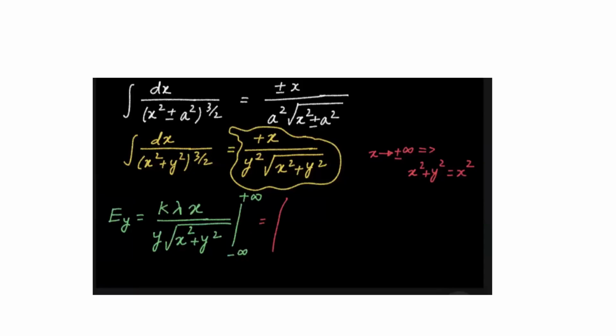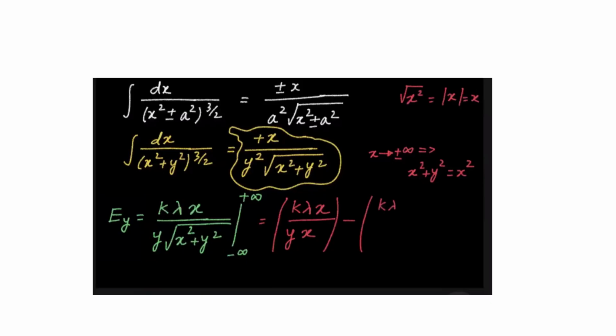Okay, now let's just replace it. So when x goes to plus infinity, I will have k lambda x divided by y, and then root square of x², which would be the absolute magnitude of x, but I am on the positive side, and so it would be the same as x. So I will replace it with x here. Minus, when x goes to minus infinity, then I will have k lambda.